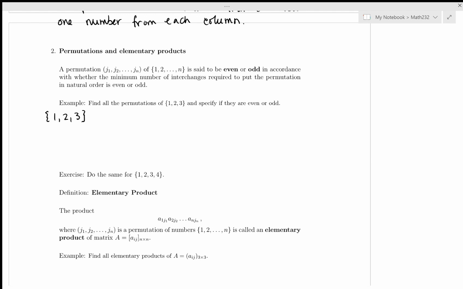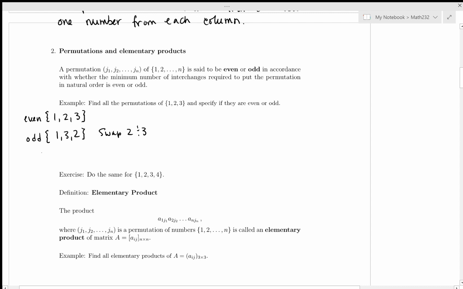Let's look at another permutation, 1, 3, 2. That is a permutation of 1, 2, 3, and I did this by swapping 2 and 3. So it would take me one operation to get back to the original. So the first was an even permutation because it's 0 operations to get back, and this one is an odd permutation.